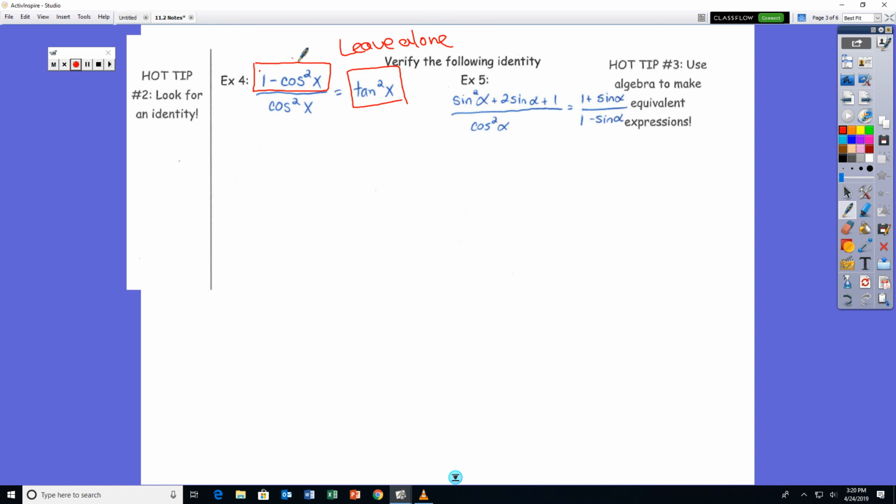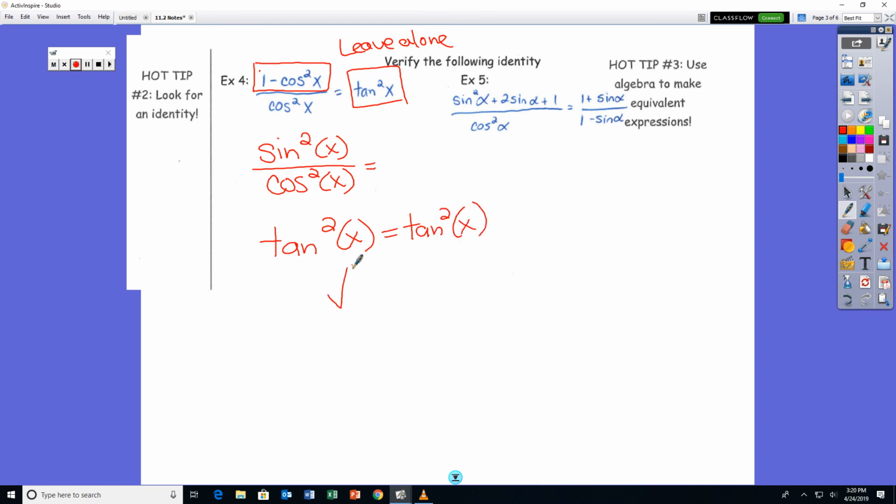So that means this top portion I can just replace and say that it is the same as sine squared of x over cosine squared of x. Sine over cosine from our last is tangent. Now since they're both squared, I can replace it as tangent squared of x. My left hand side now matches my right hand side. We're verified.